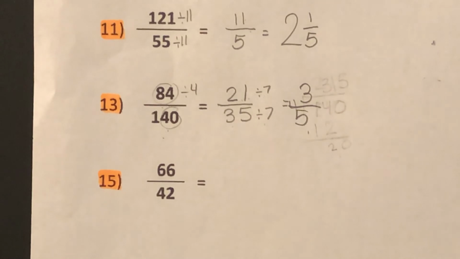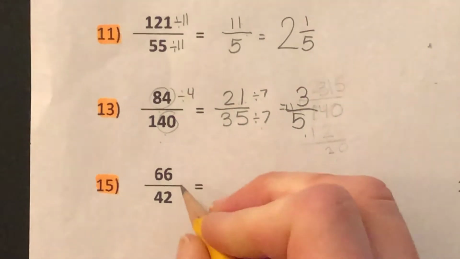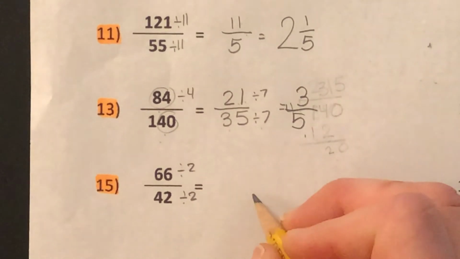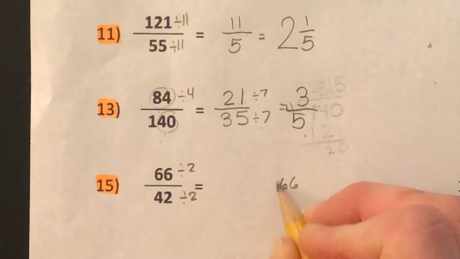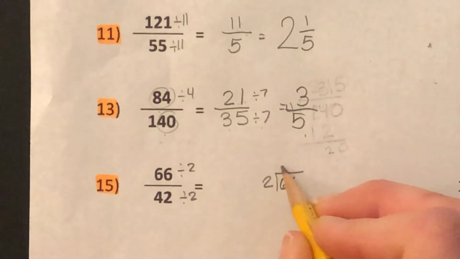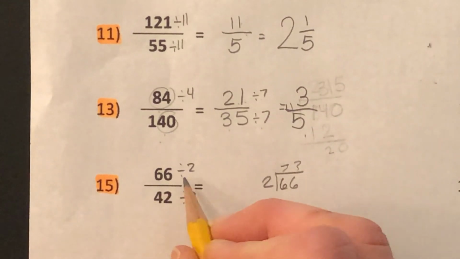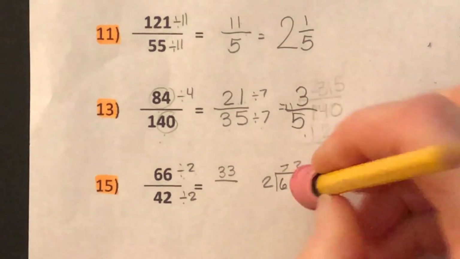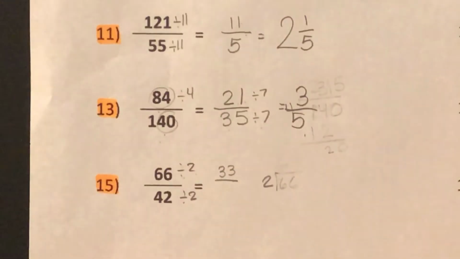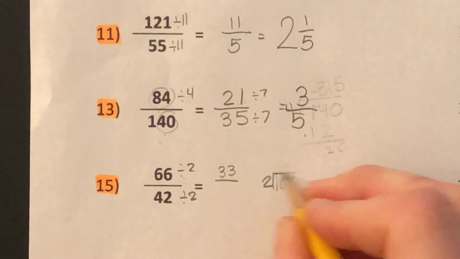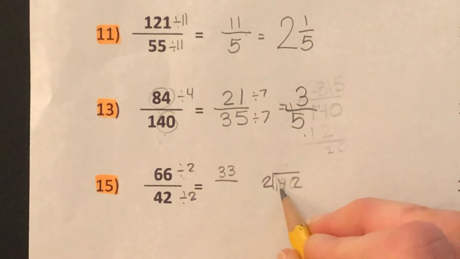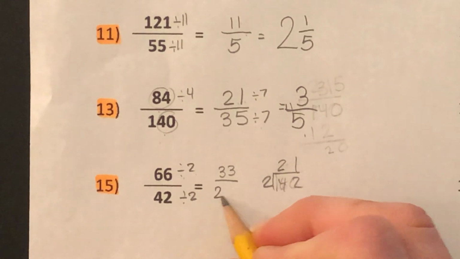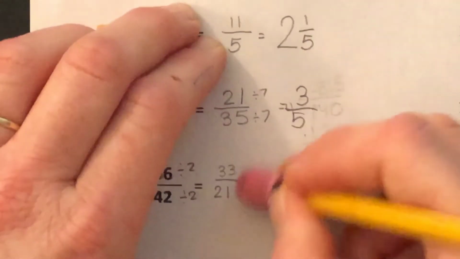So then I'll reduce by 2. 66 divided by 2, well that's easy, 33. This is another easy one. 2 goes into 4 2 times, into 1 1 time, 21. There you go. I'm done, right?